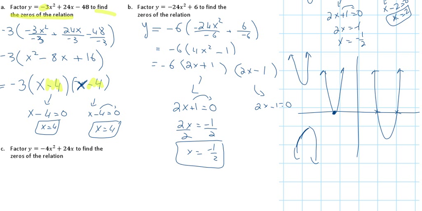For the second one, bring the negative 1 over. It becomes a plus 1. Divide by 2. So x equals a half. So my two zeros are negative a half and positive a half. You have to write it that way. You have to write x equals negative a half, x equals a half to report your zeros.